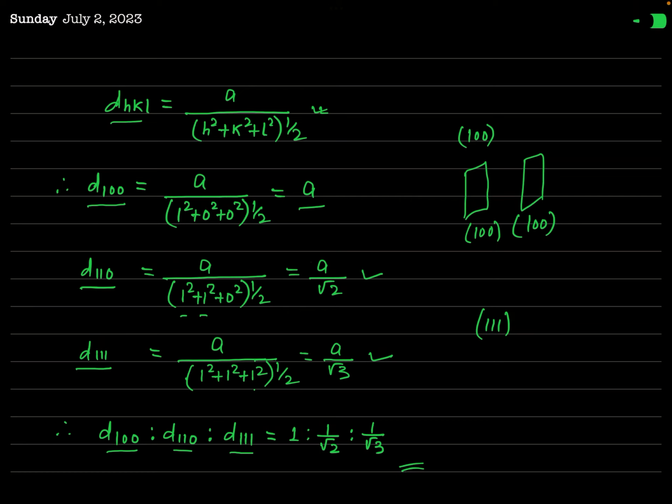A will cancel out, and so the ratio will be 1 is to 1 by root 2 is to 1 by root 3. So from here we can easily see that the planes 1 0 0 are more separated than the planes 1 1 0, and those are more separated than the planes 1 1 1. So the planes 1 1 1 are closer to one another, and the planes 1 0 0 are more separated. Actually, this idea is very useful in discussing the crystal structure.